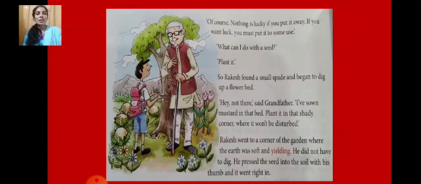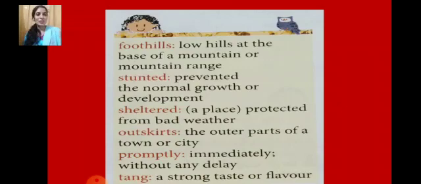Okay, so children, in this video we have covered one more para. Let's see what that is. First, we will discuss the word meanings. Foothills: low hills at the base of a mountain or mountain range.